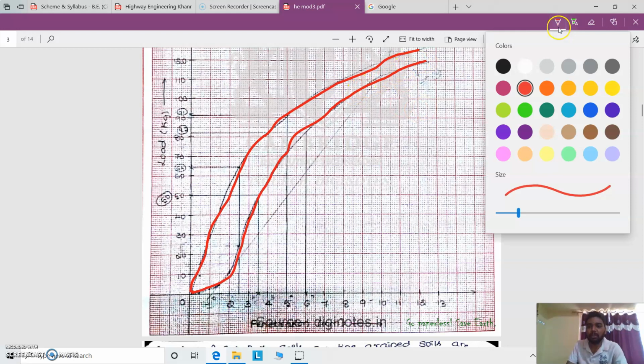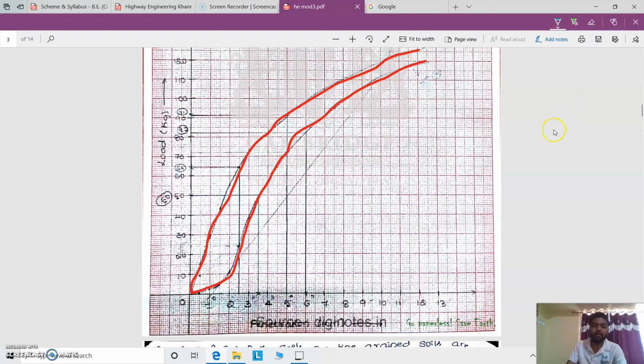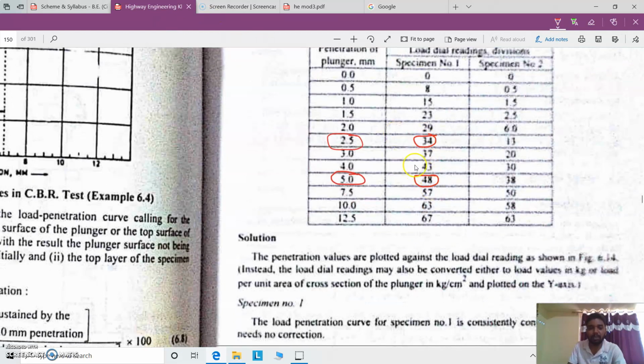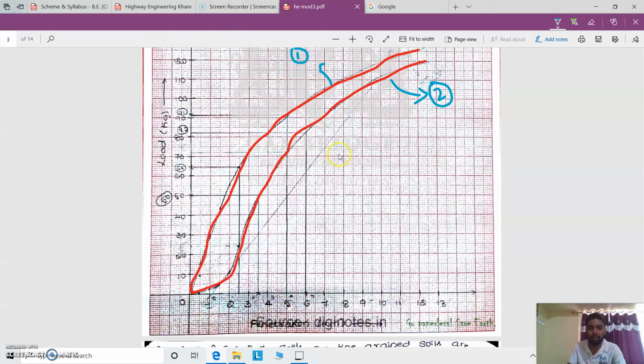For this, we need to consider specimen number 1 here, and this is specimen number 2. The values given for specimen 1 are plotted as this curve, and the corresponding values given for specimen 2 are plotted like this.